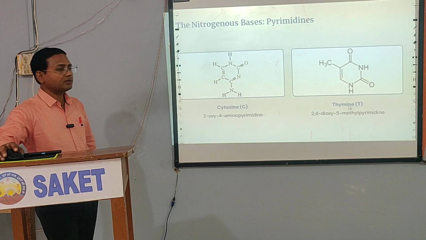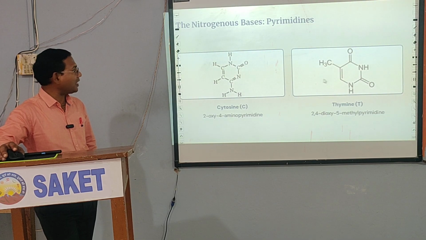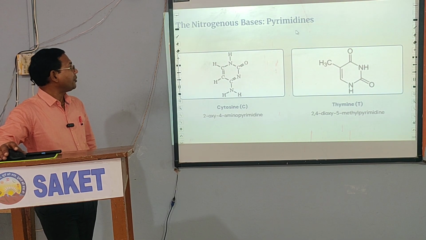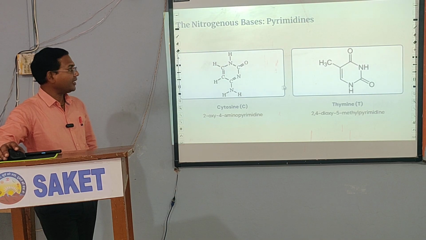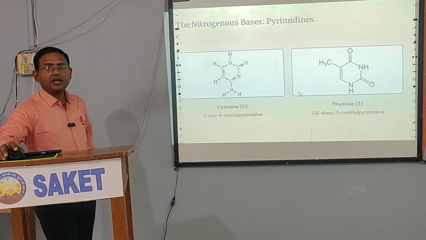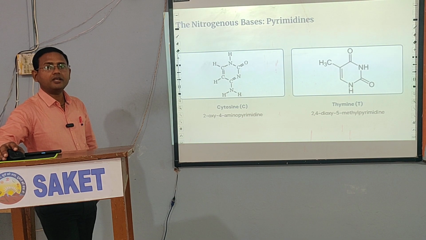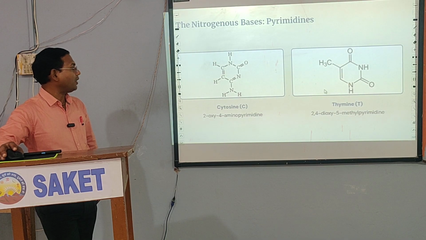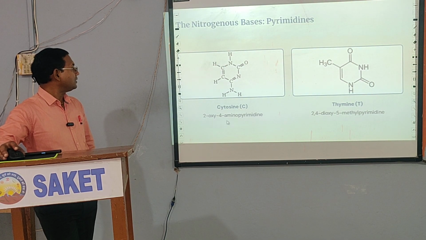The second group of nitrogenous bases are the pyrimidines. There are two types of pyrimidine bases found in the DNA molecule: cytosine and thymine.